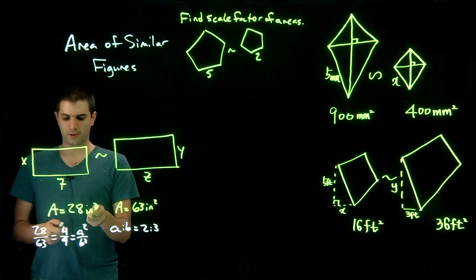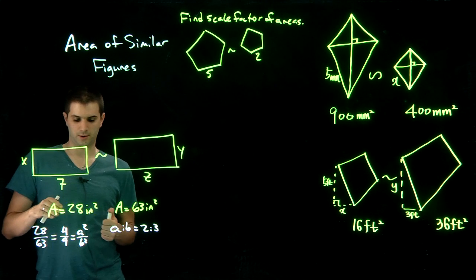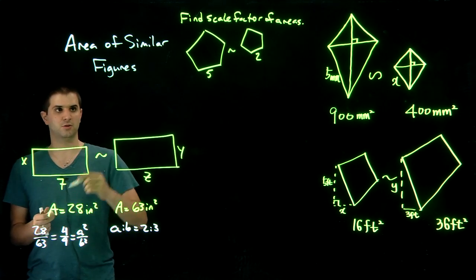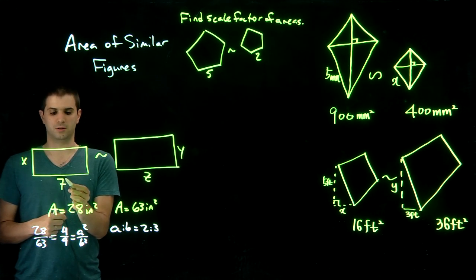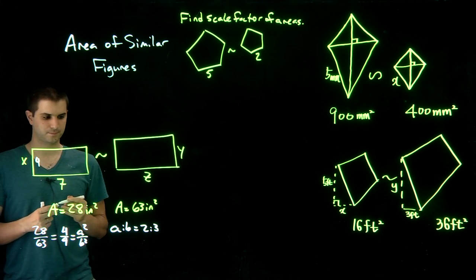We're going to use this information to figure out the sides. We know a is the area, 28 inches squared. First we need to find x. What number times 7 equals 28? So x is going to equal 4.